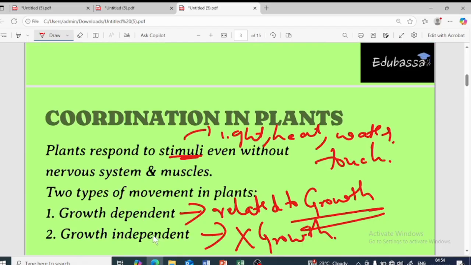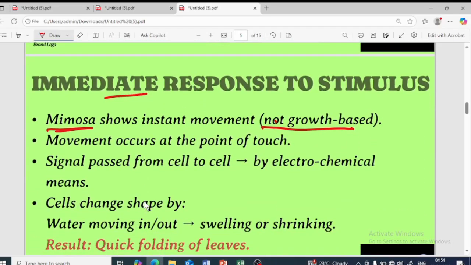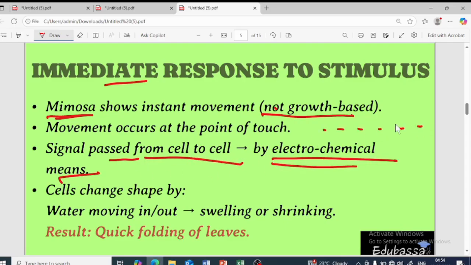The second type of movement which we discussed is growth independent movement. It is not related to growth. Wherever I touch the touch me not plant, a signal is going to pass. Which signal? An electrochemical signal. Just like in human beings, the electrochemical signal is going to transfer from cell to cell.